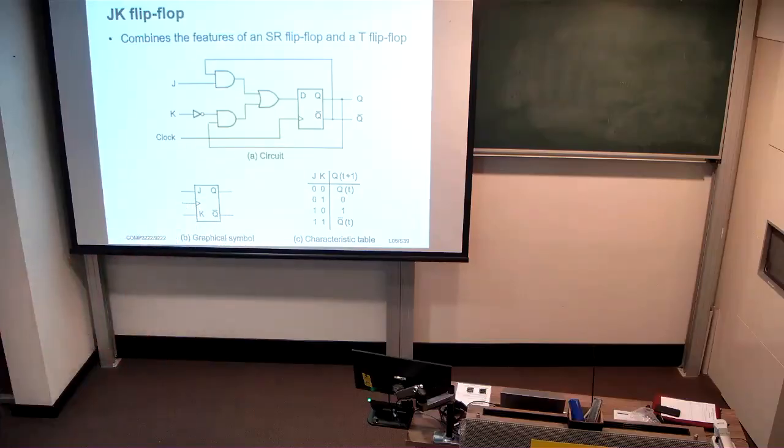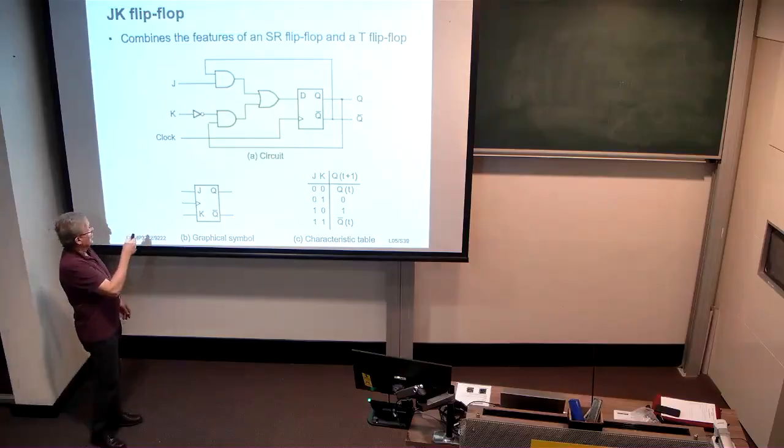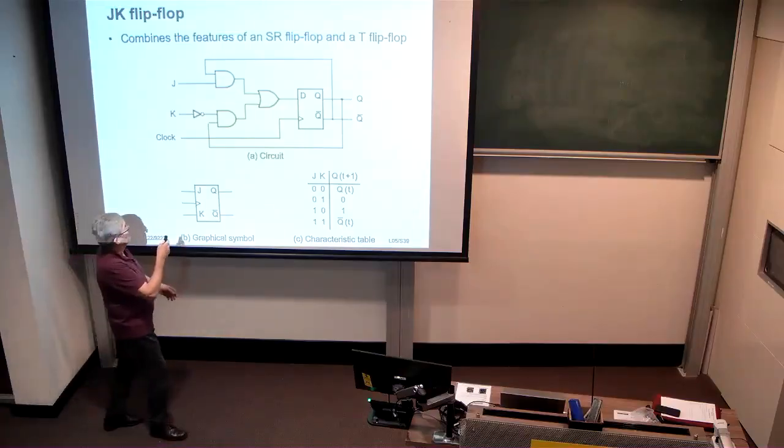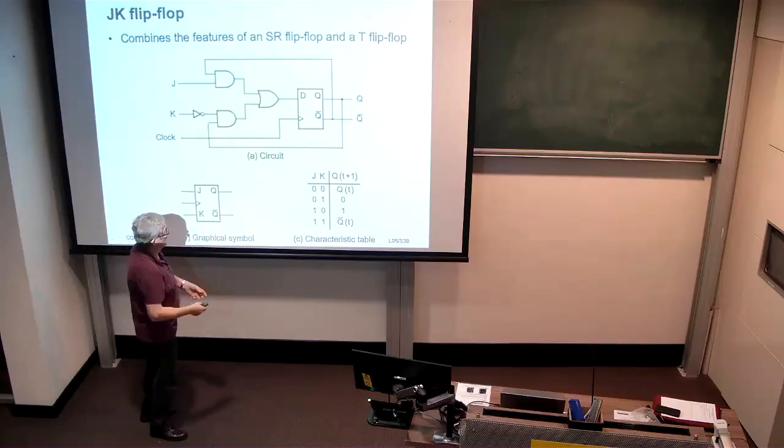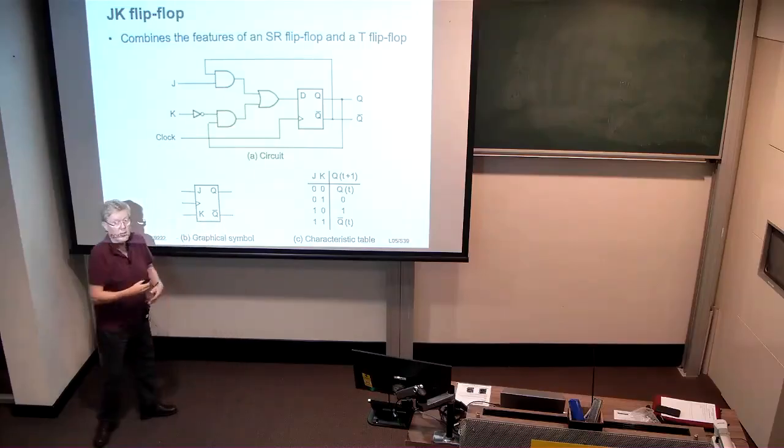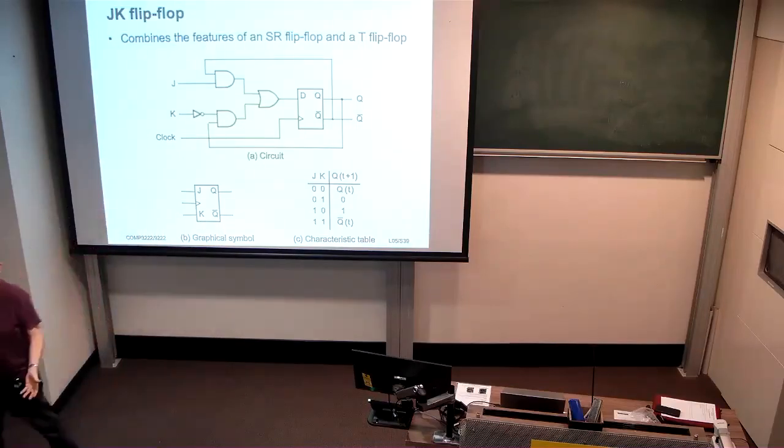When J is 0 and K is 1, then neither of these AND gates are active, and therefore D is 0, and the next state is going to be 0. If J is 1 and K is 0, then with J being 1, we have Q bar from this AND gate, and with K being 0, we have Q as the output of this AND gate, so we have Q or Q bar, which of course is 1.